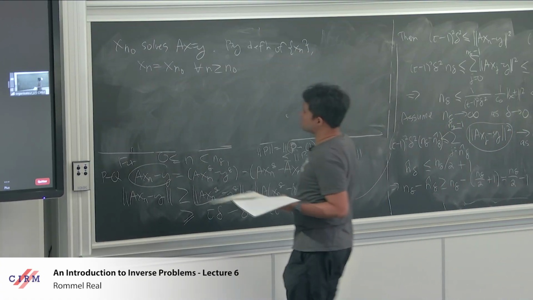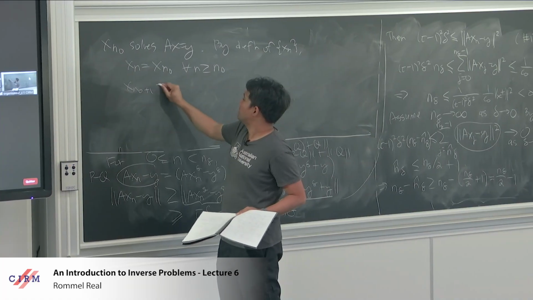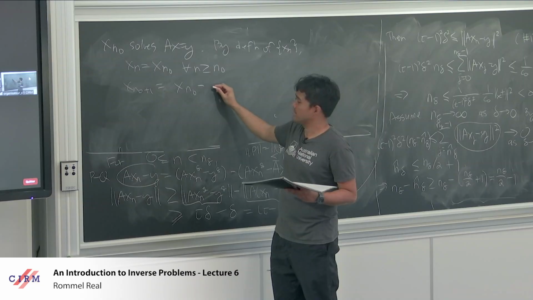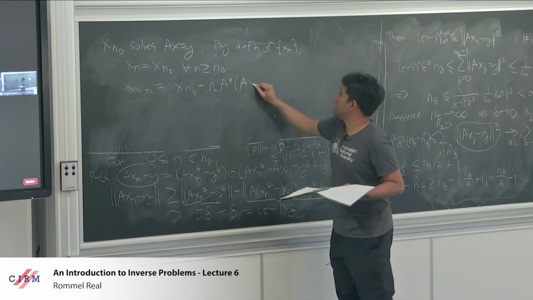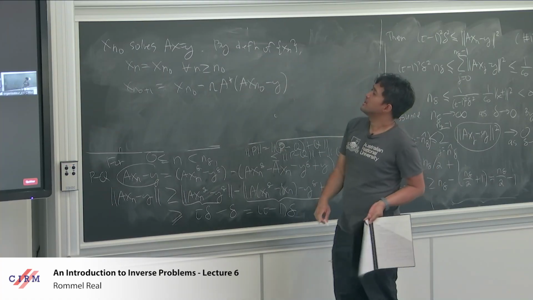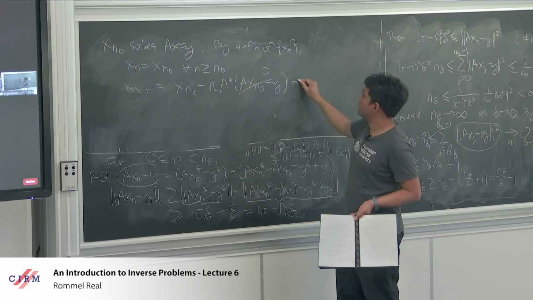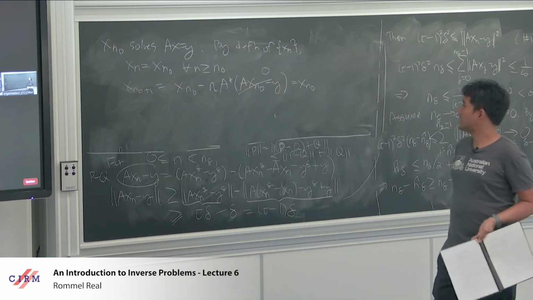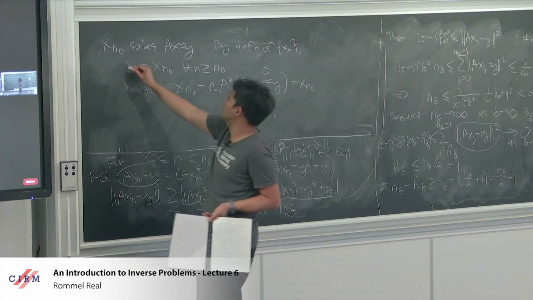Now, how is this true? It's like this. Let's say x sub n O plus 1, by the Landweber iteration, is x sub n O minus eta times A star times (A x sub n O minus y). Since x sub n O solves Ax equals y, this is 0, so you're left with x sub n O. And by the same argument, this follows.